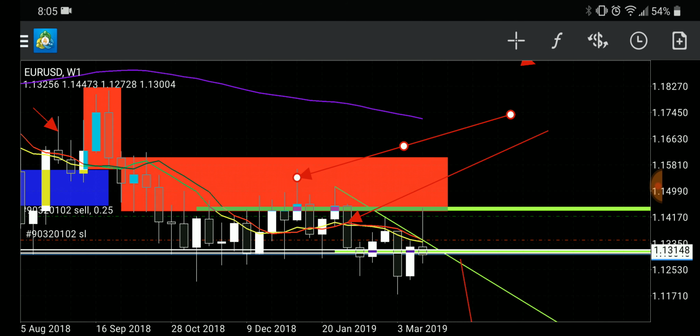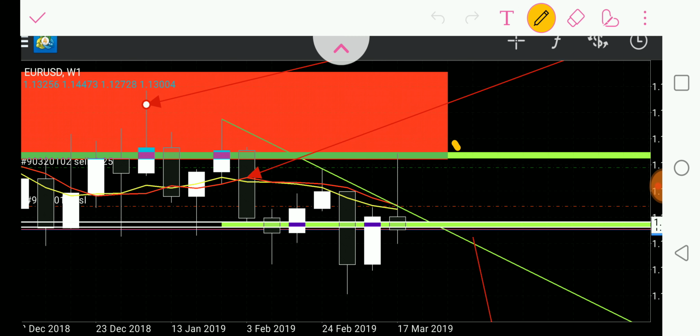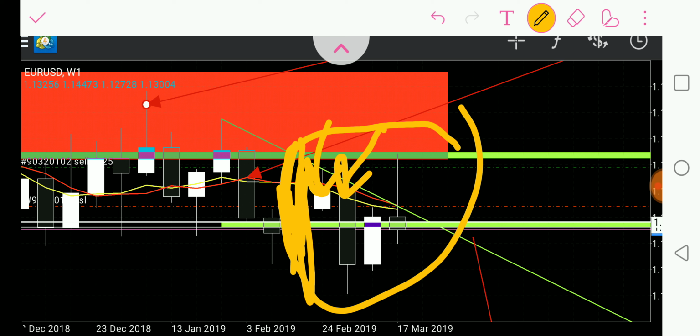On a weekly time frame, we can see that we have quite a few patterns going on right here. So let's take a look at these four candlesticks. So this black candle is engulfing this white candle. So there's an engulfing candle pattern right there.